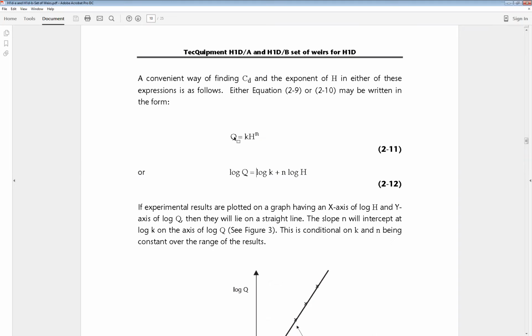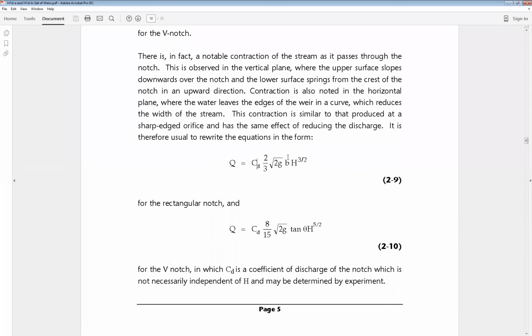For example, we can write the formula in general format as Q equals K times H raised to the power N. If you look at the formula, H is a variable and Q is another variable. H is the independent variable, if you remember from mathematics, and Q is the dependent variable. And the whole thing here from CD until B, all of it can be considered as a coefficient. So we can consider it all together as K, or the same in this formula from the CD until tangent theta.